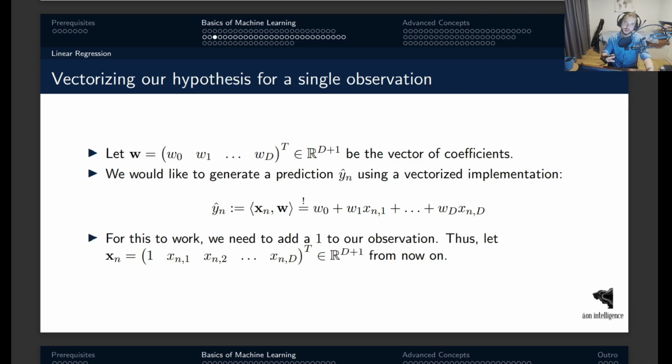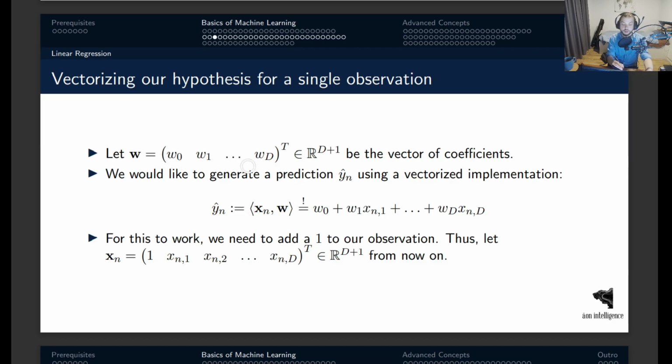On the previous slide, we have seen that our model, our hypothesis, is a linear combination of our features plus some bias. And what we would like to have ideally is that we can produce a prediction y hat n using a vectorized implementation. The vectorized implementation is an inner product of two vectors.